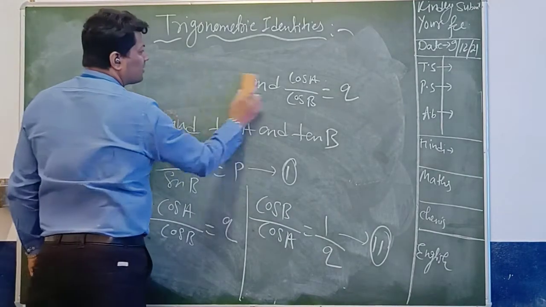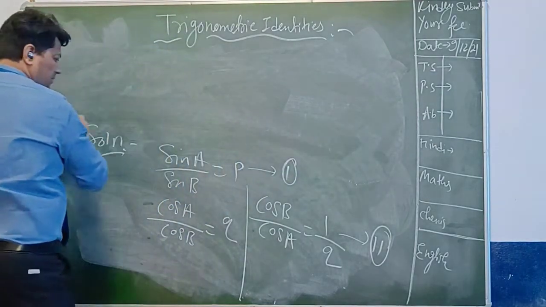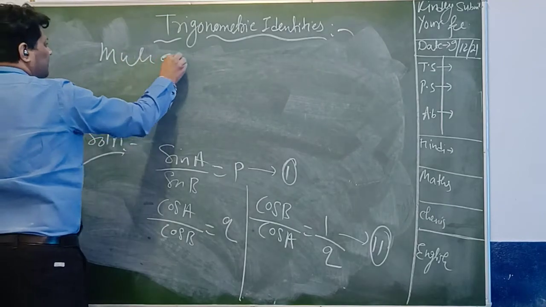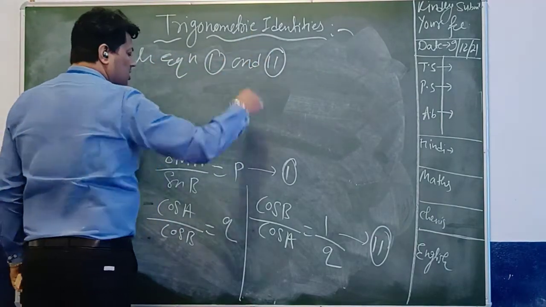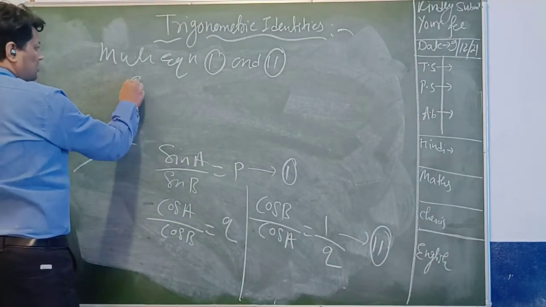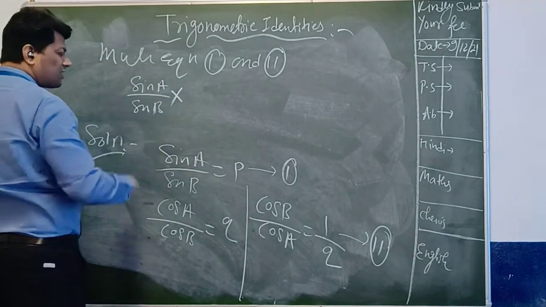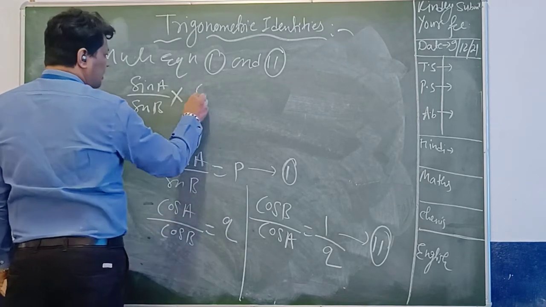We have to calculate tan A and tan B. Now we will multiply equation first and second. Left hand side multiplied with left hand side and right hand side multiplied with right hand side.